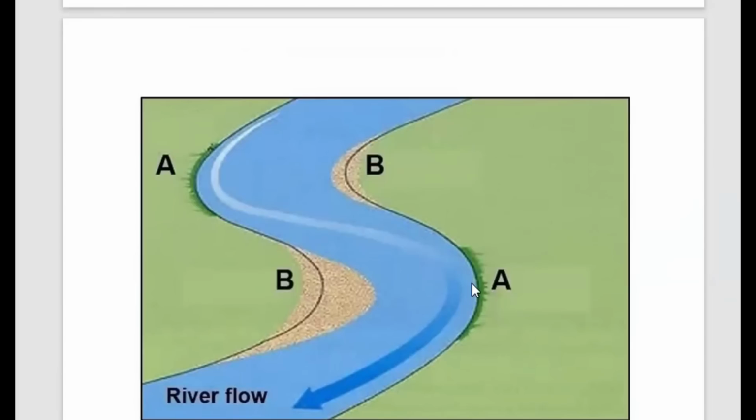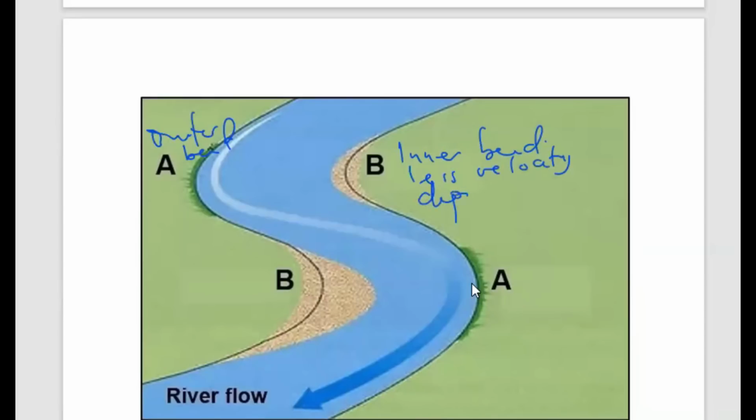At A here, this is what we call the outer bend of the meander, and B is called the inner bend of the meander. Here there is less velocity. The water moves slowly because it's forced to bend, and there is deposition happening because of limited velocity.